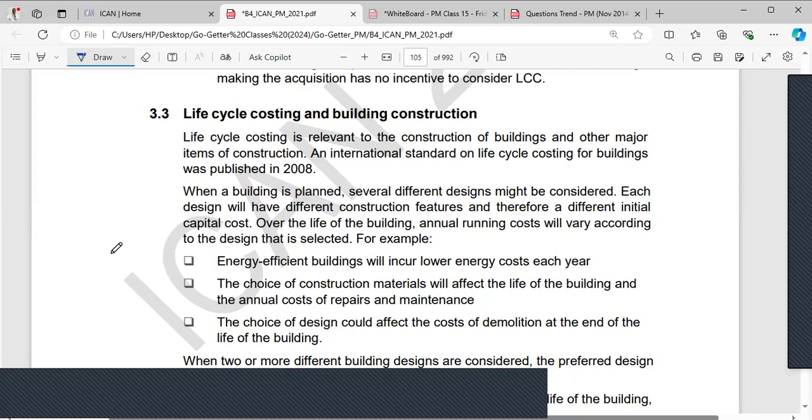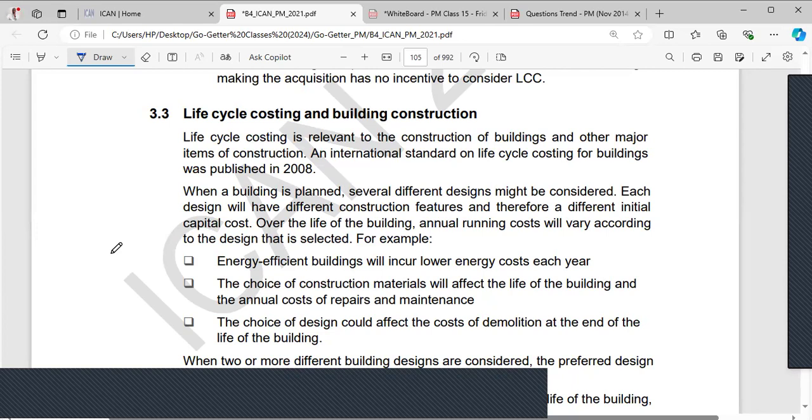Now, over the life of the building, annual running costs will vary according to the design that you have for each building. For example, an energy efficient building will incur lower energy cost each year than one that is not energy efficient.